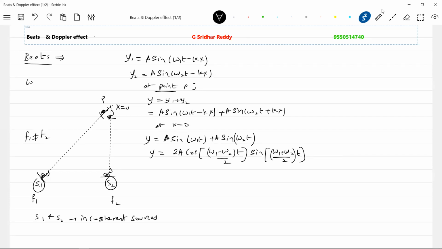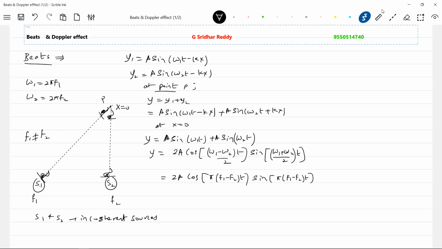Omega1 is 2 pi f1, omega2 is 2 pi f2. So this will become 2a cos, substituting omega1 as 2 pi f1, so I'll end up with pi. Agree till here.